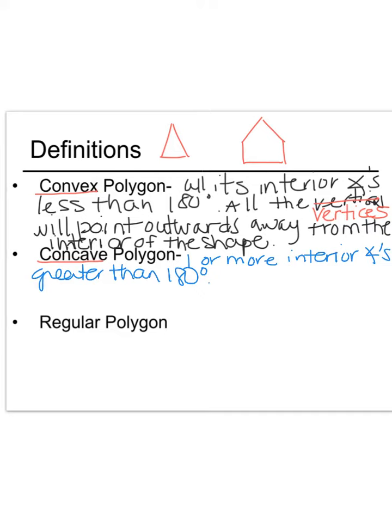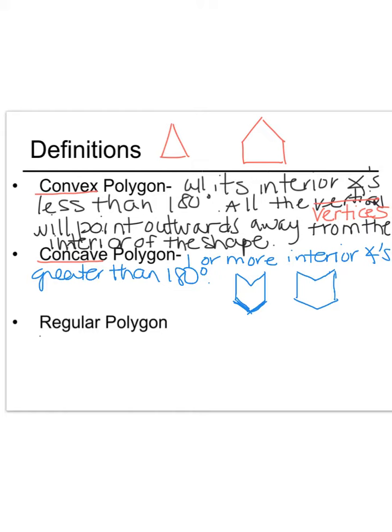So take note that a triangle could never be concave. So how would this look? Something like this. Okay, so we have the obtuse angle down at the bottom here. And we can make it a little bit wider, make it look more obtuse. And then we have that angle that's pointed more towards the interior.